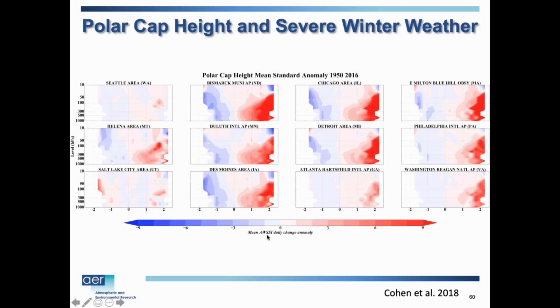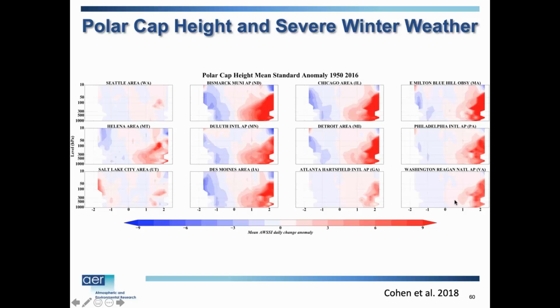She came up with this severe winter weather catch-all, the AWSSI, which measures how severe a winter season is, using both temperature and snowfall. Red means increased severe winter weather, and blue is less severe winter weather.